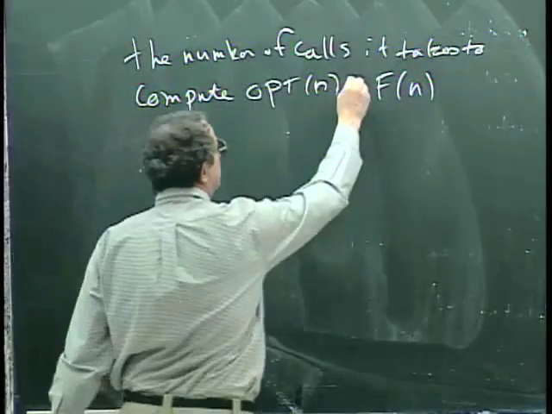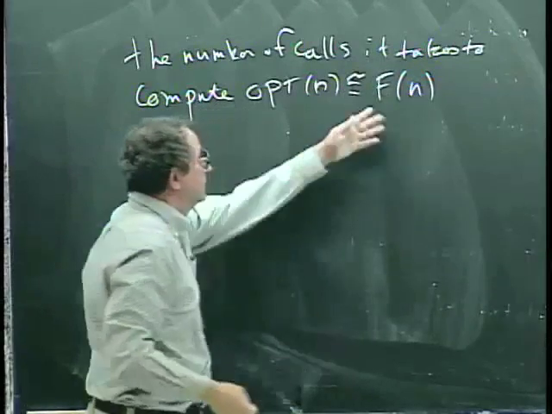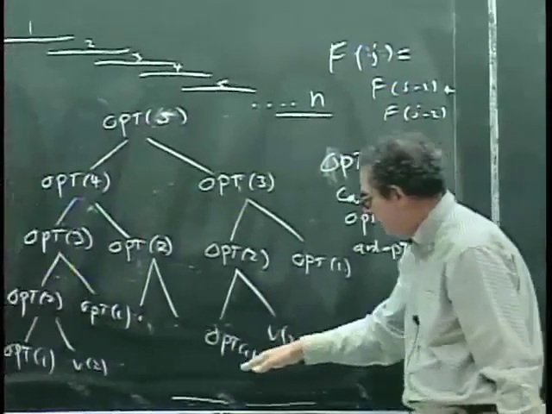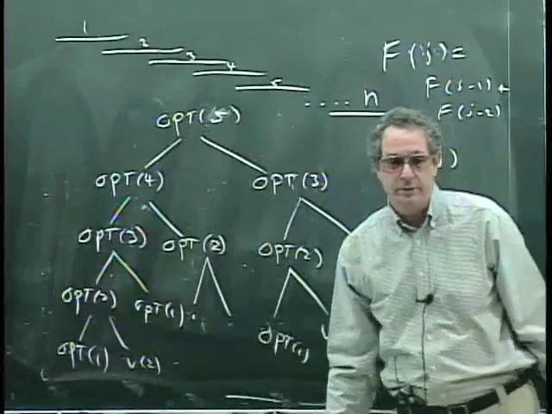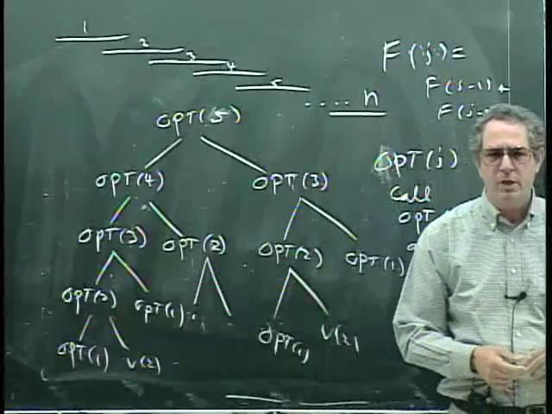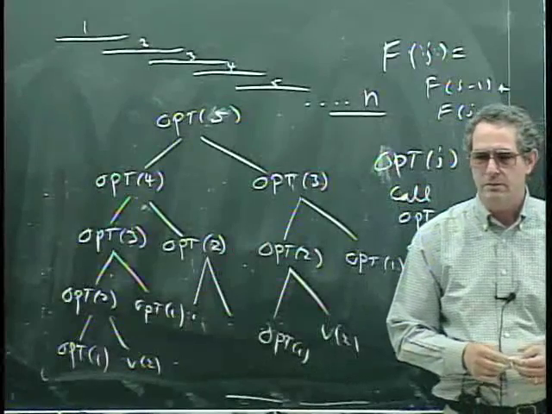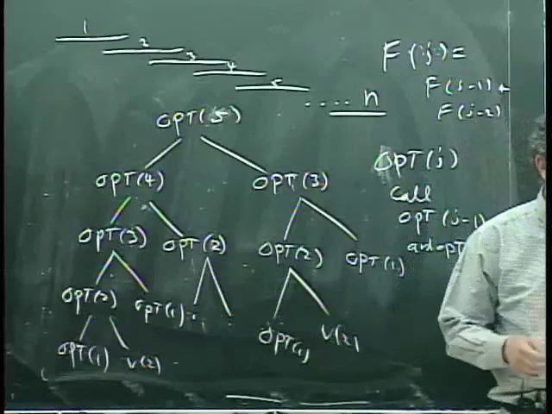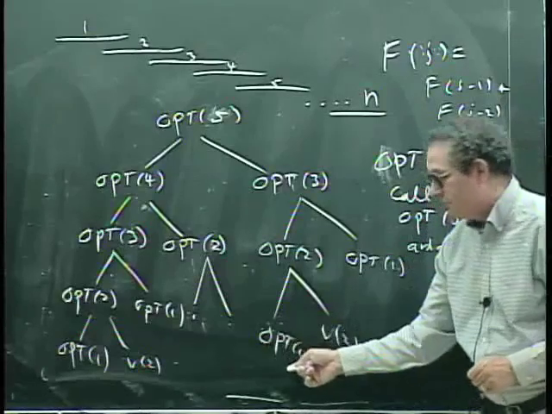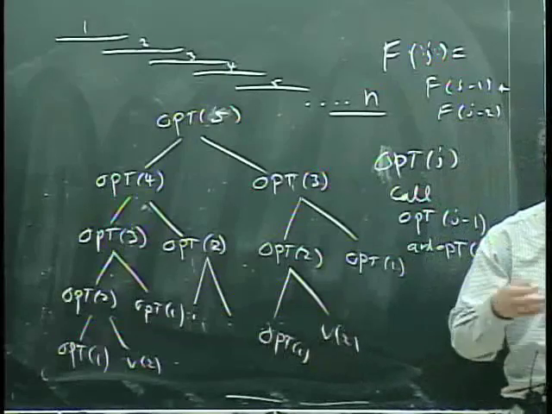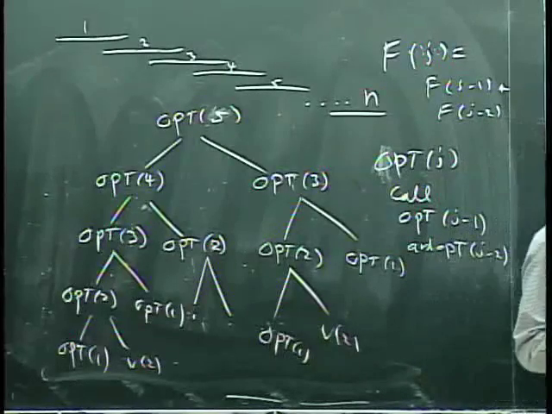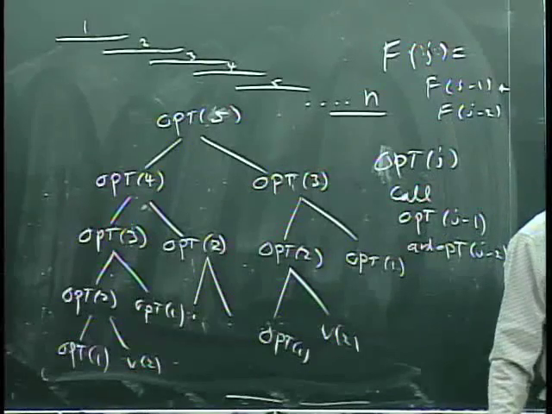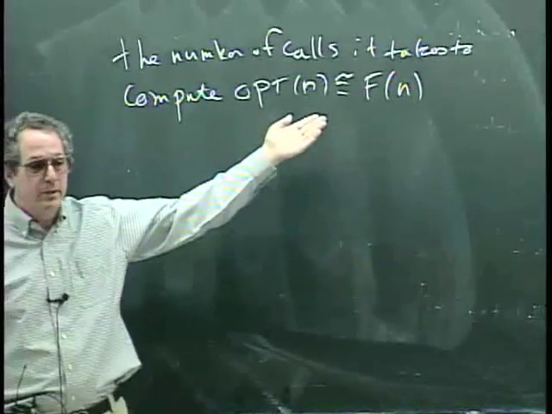I'll just put a little twiddle here to say that it's essentially the Fibonacci number. The only reason it would be different is that somehow down at the base it behaves a little differently. Fibonacci of 1, is that 1 or 0? It's 1. But actually, what does it take to compute opt of 1? It's no calls, because we just have it returning. So it could be slightly different, but the essential growth of the number of calls is behaving like the Fibonacci series.